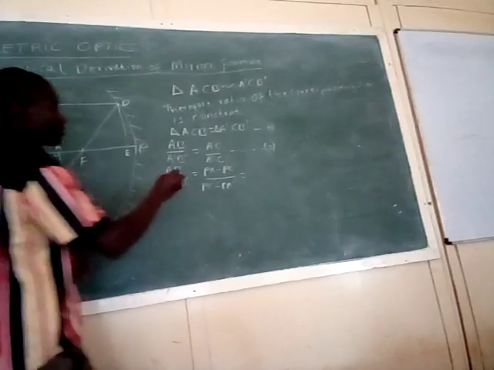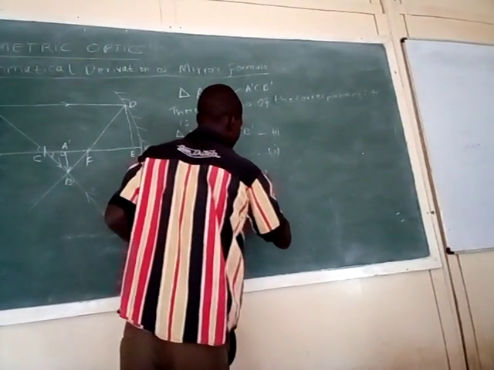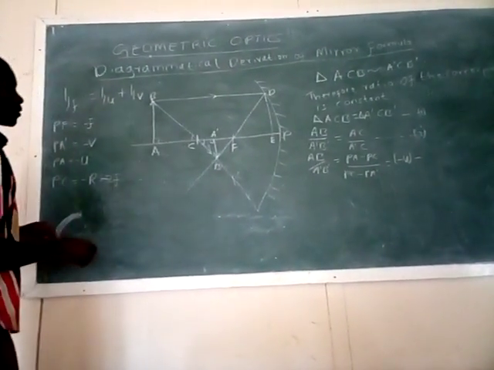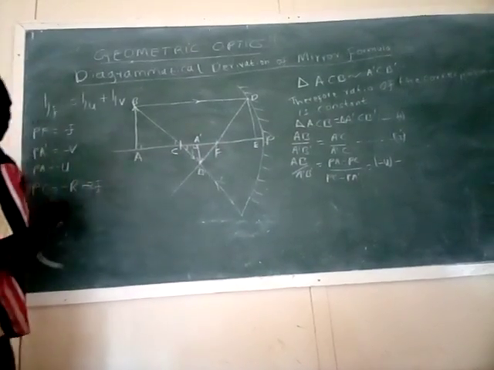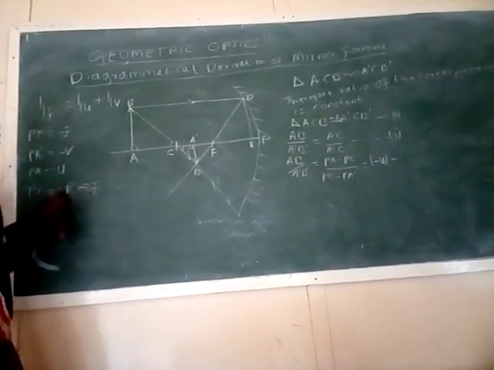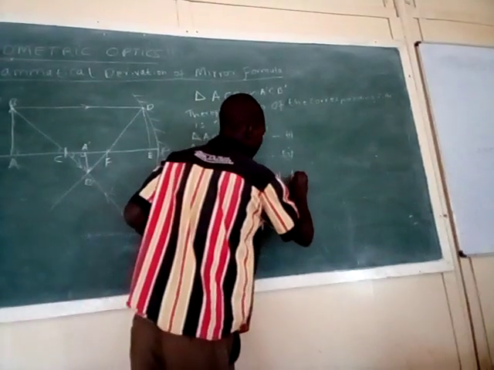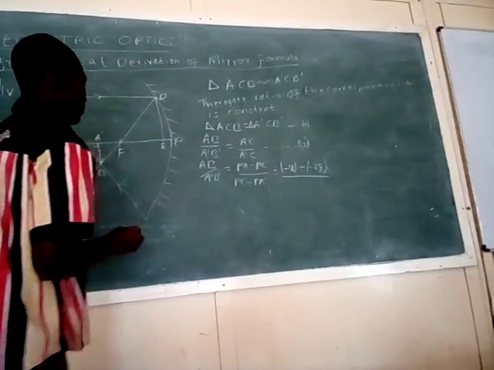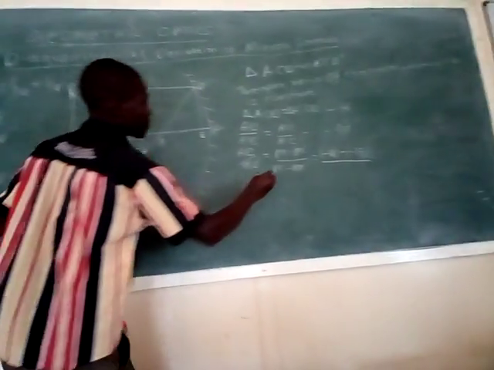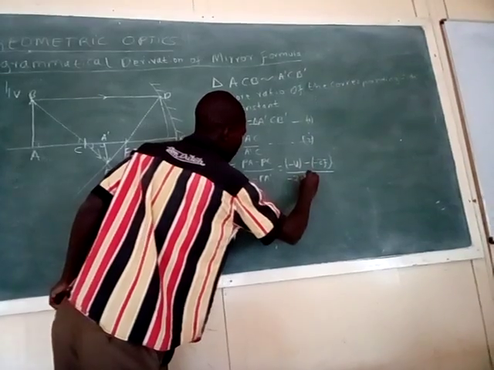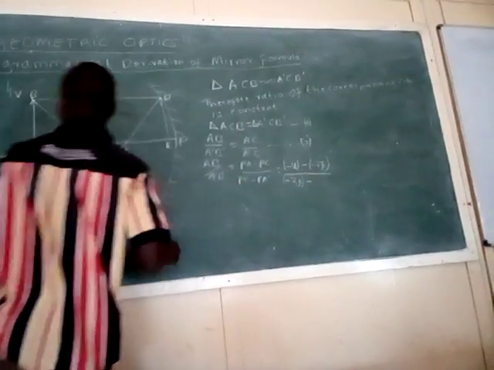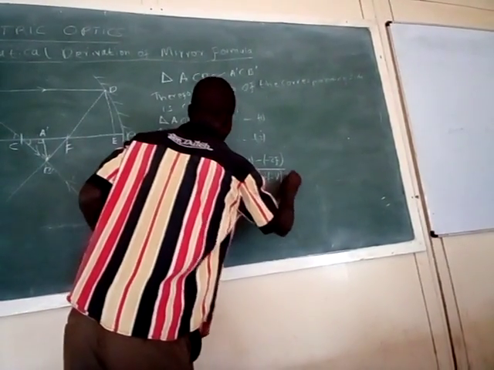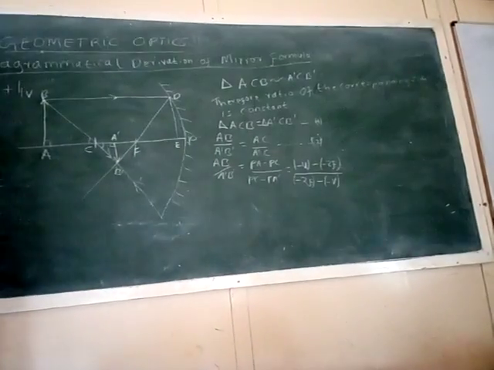So you come and say PA is negative U minus PC. PC is R, negative R, and negative R is the same as negative 2F. We say PC is equal to negative 2F. So minus negative 2F over PC, which is negative 2F, minus PA prime, and PA prime is negative B. I think now you know how to arrive at this negative B.